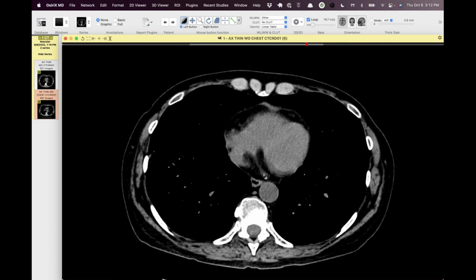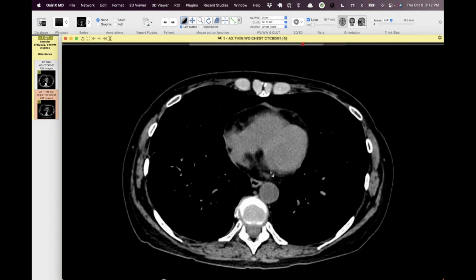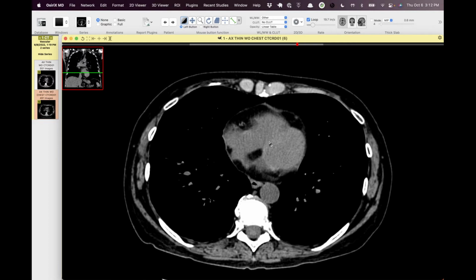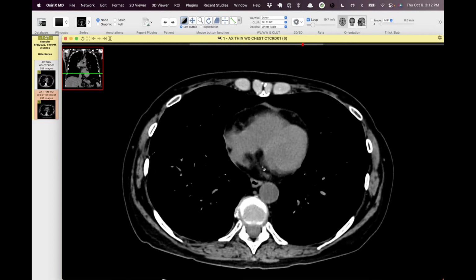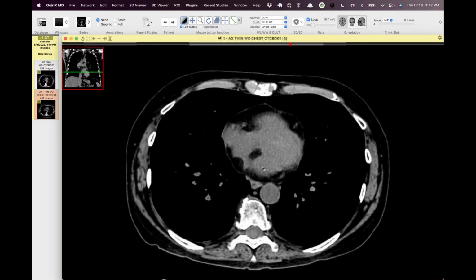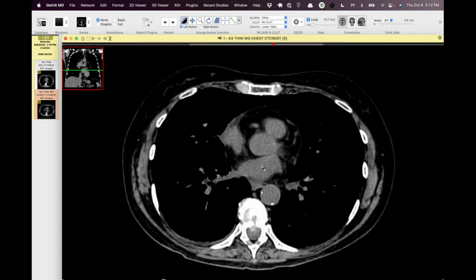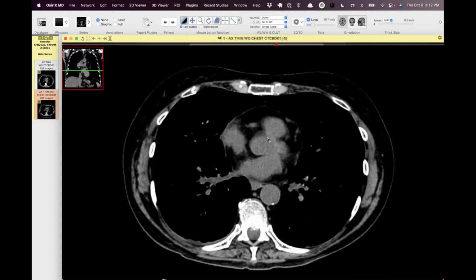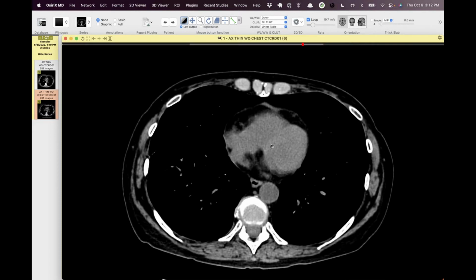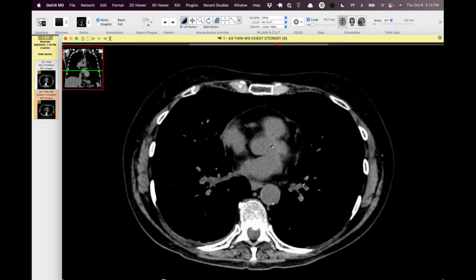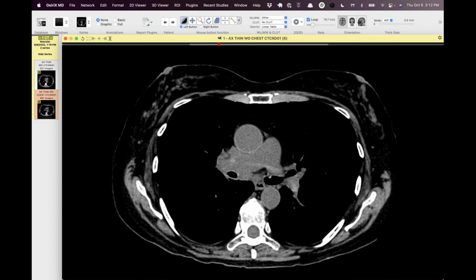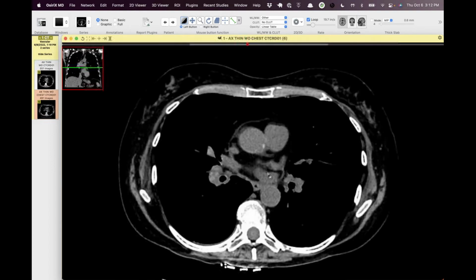They couldn't get contrast because they had an anaphylactic allergy, or they weren't going to pre-medicate after this finding. They did a lower extremity Doppler, and the patient did have DVT in their lower extremities, so they were going to get anticoagulated. Their right heart wasn't dilated, and this is just one of those incidental findings that was pretty impressive.